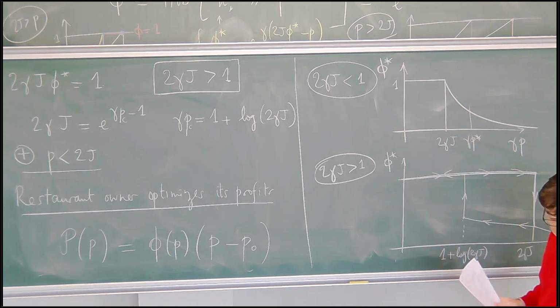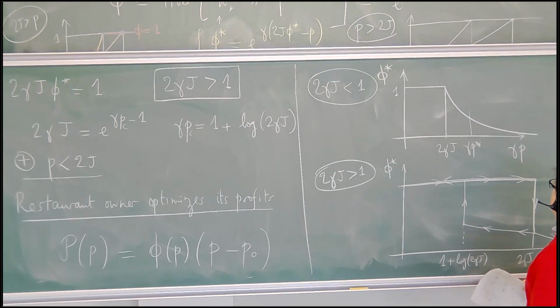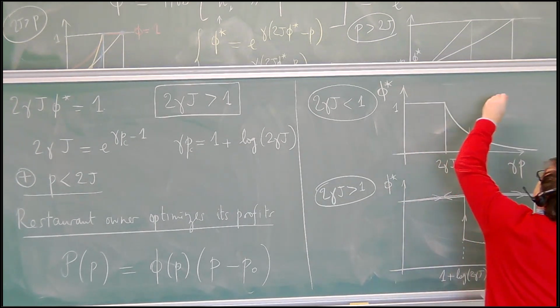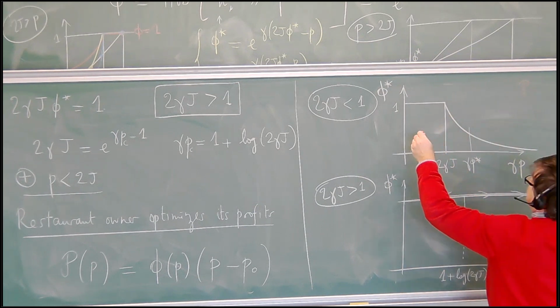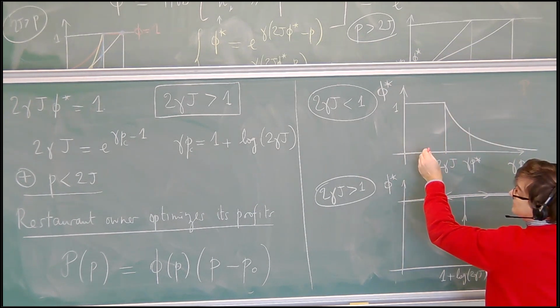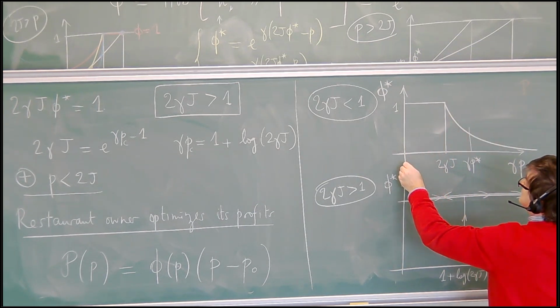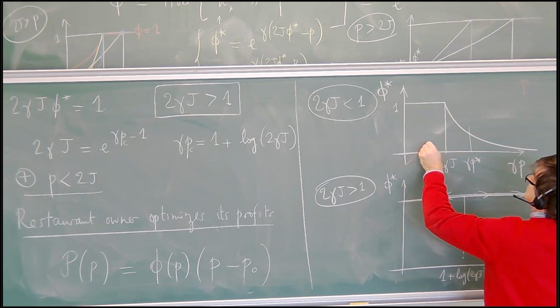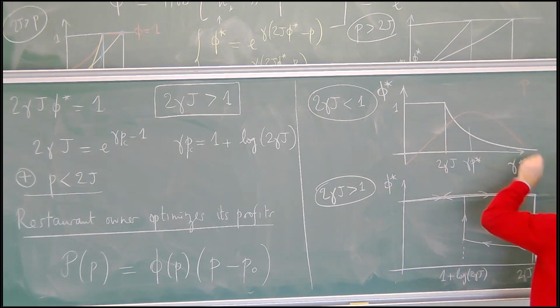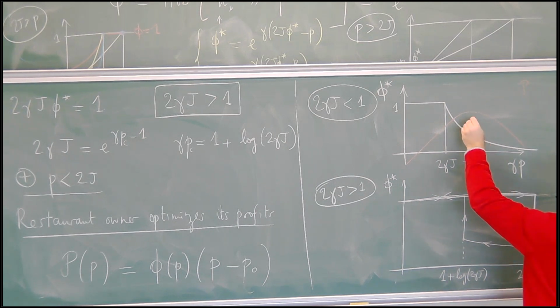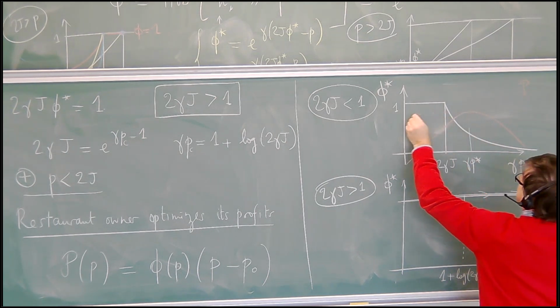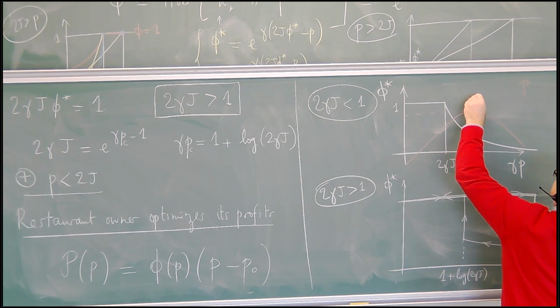And so if I plot the profit as a function of p, the profit in red will have a shape that's actually growing linearly here. And then it's going to do something like this. And that's the optimal profit, P optimal.